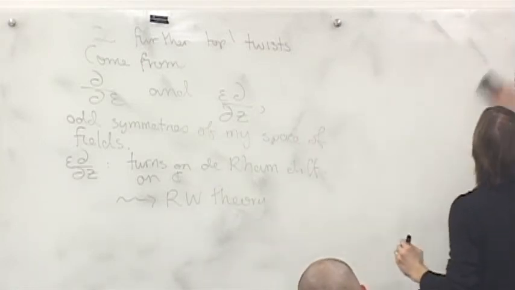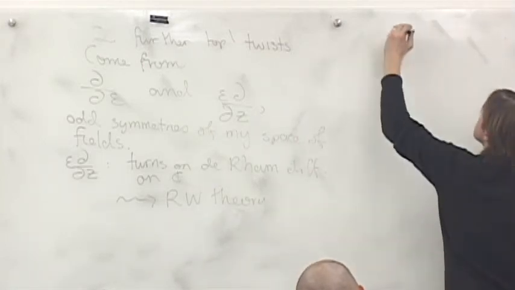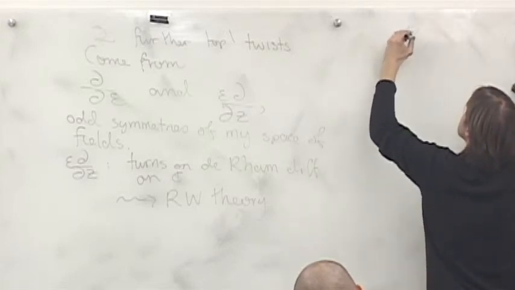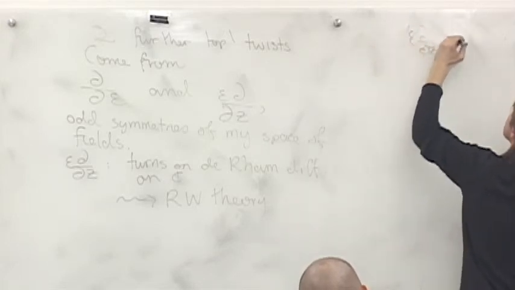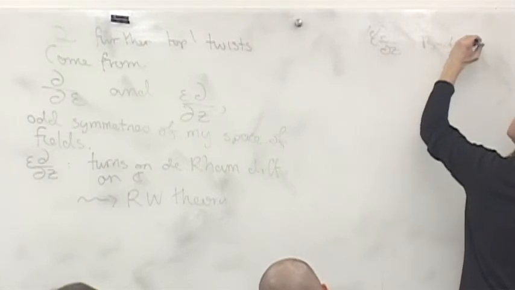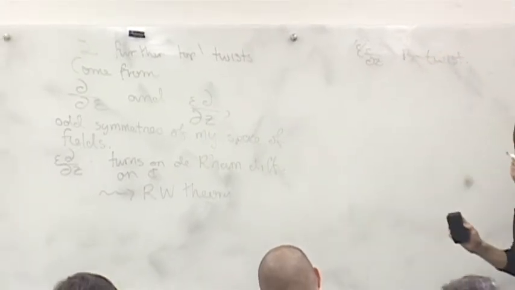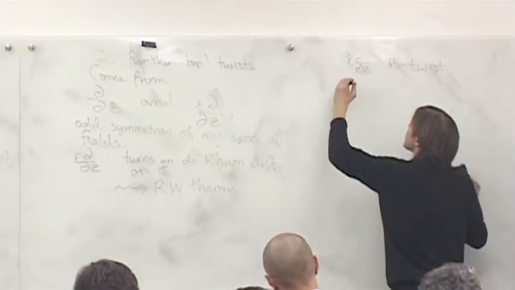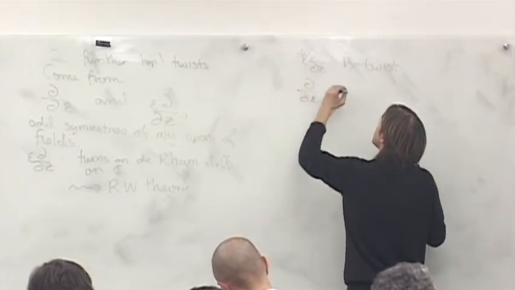Call this the B twist. The reason for this terminology is when we reduce to 2 dimensions, it is the B twist. On the other hand, the d by d epsilon is the A twist.